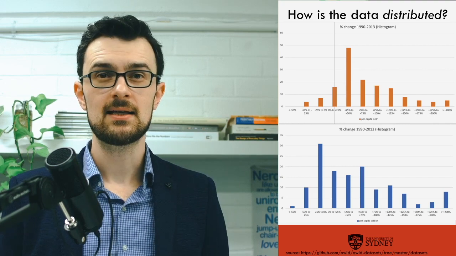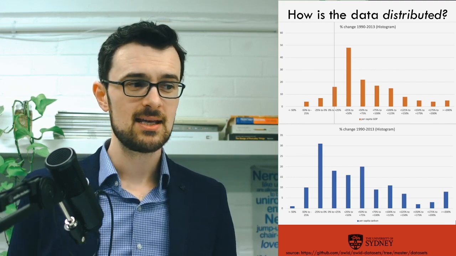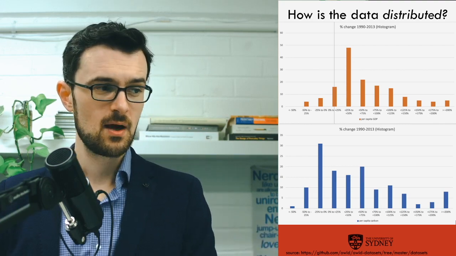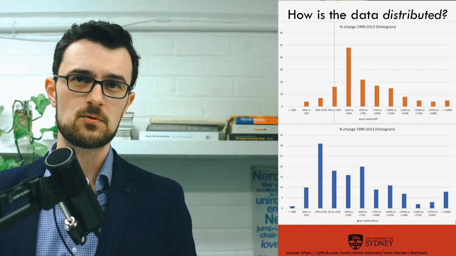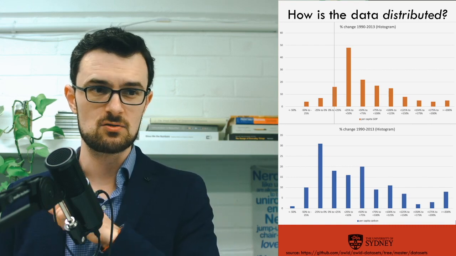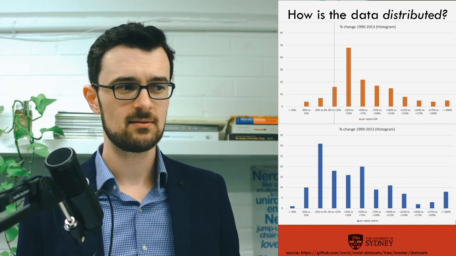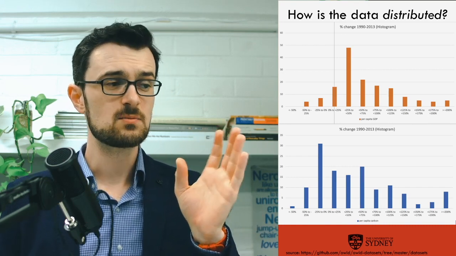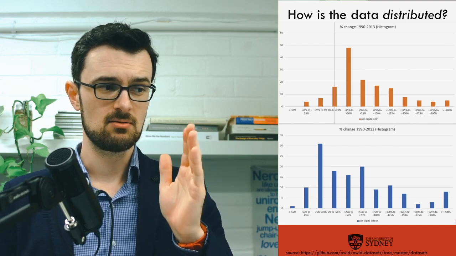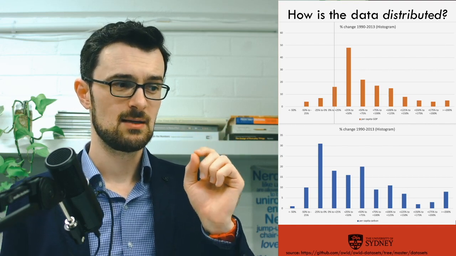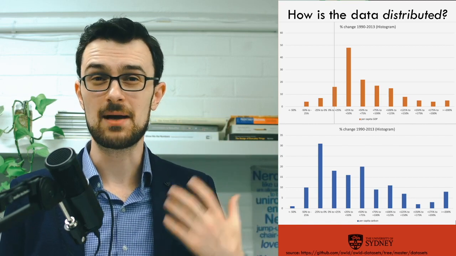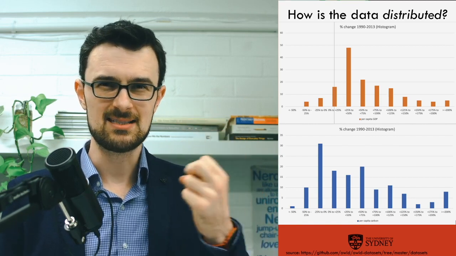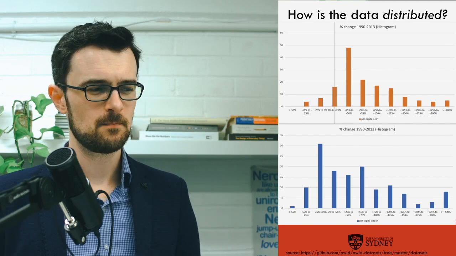There's a huge spike in that range. Then there's a long tail off to the right of countries that have 50 to 75, and then all the way up to 125 or so, and then it starts to trail off there, and a short tail to the left. I would say the vast majority of countries are somewhere between 0 and 100, and most countries are somewhere between 25 and 50. You can have a look at that, and you can get some idea about what the range actually is. Where do most countries fall?